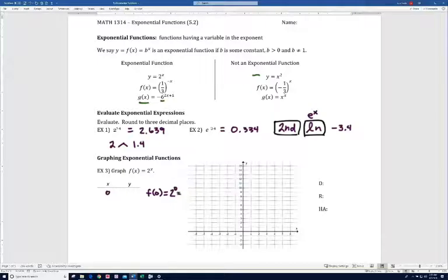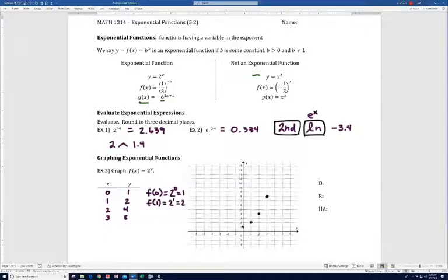Anything to the 0 power is 1. If we plug in a 1, f of 1 is 2 to the first power, which is 2. If we plug in 2, 2 squared is 4. If we plug in 3, 2 to the third power, that'd be 2 times 2 times 2, and you would get 8.